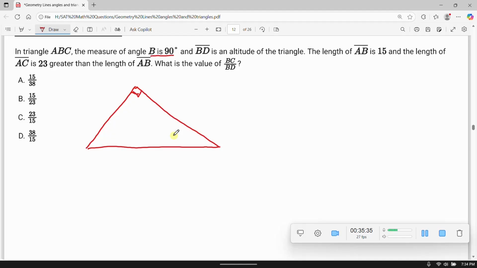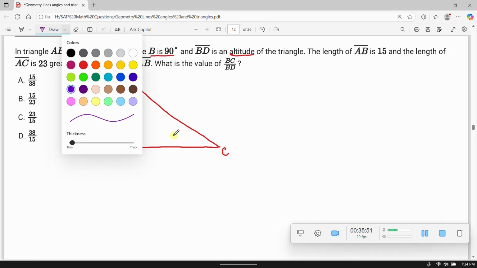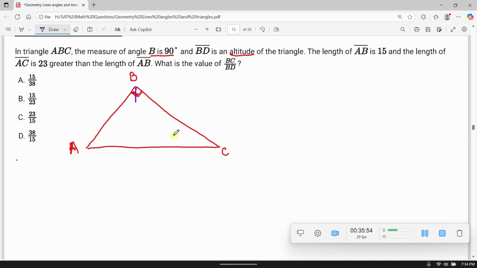So I put a little square box here, and then I label the angle B first. And this is going to be angle A, and this is going to be angle C. BD is an altitude. Altitude means you're going to draw the line perpendicular, making 90 degrees to the bottom line AC.